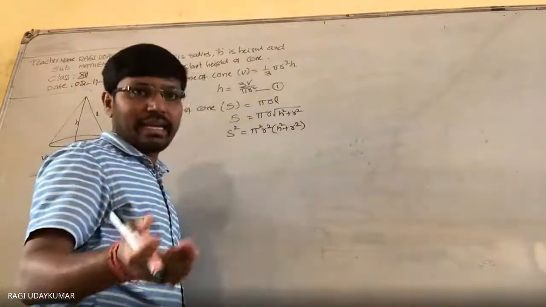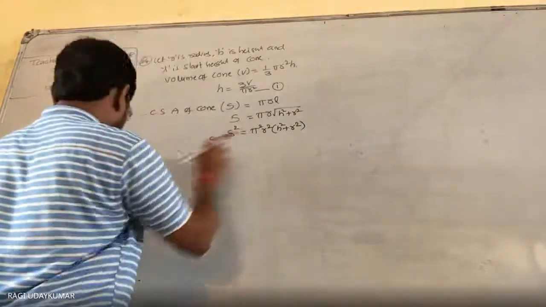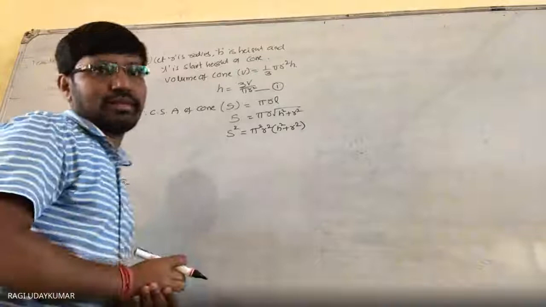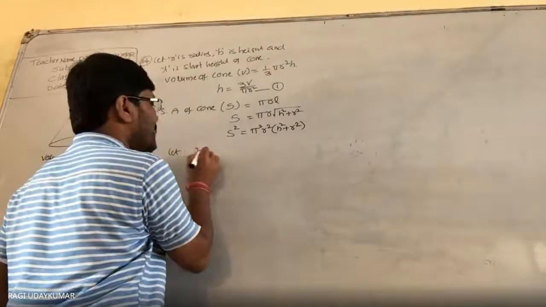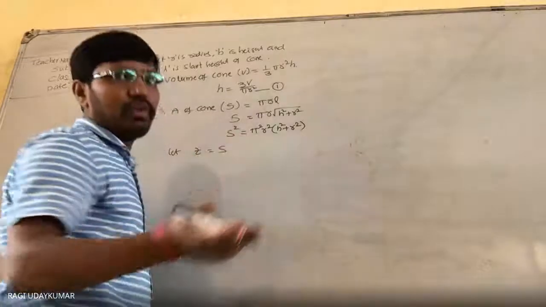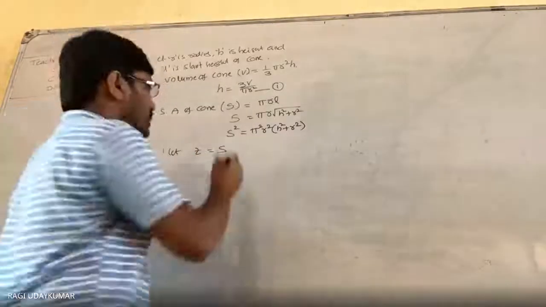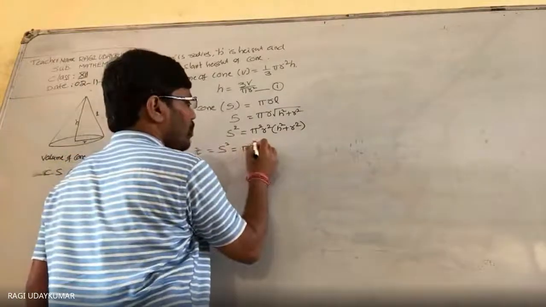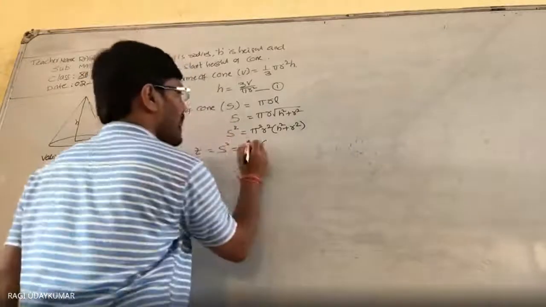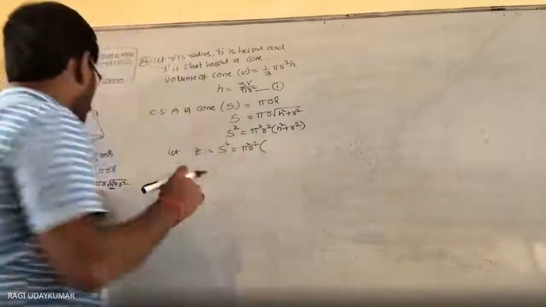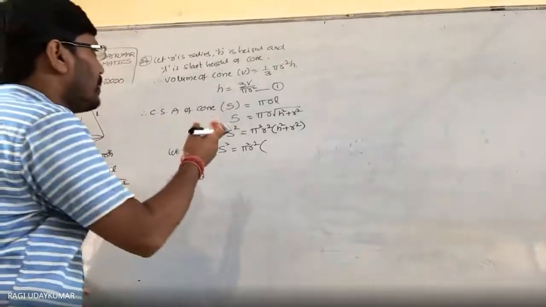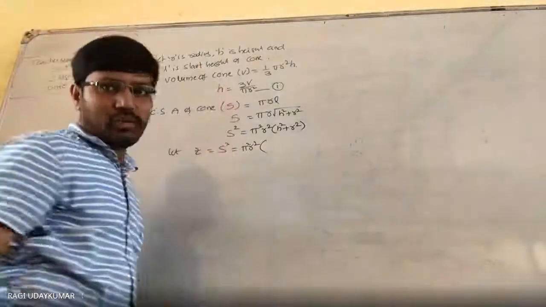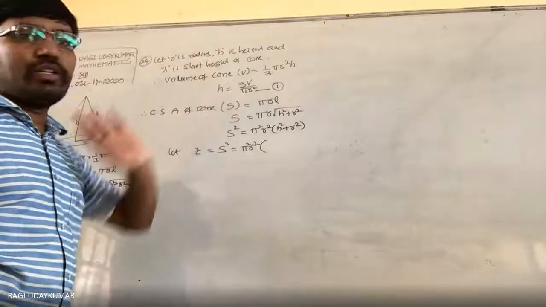I am removing the under root, because h should be replaced again in this one. So let z be some other variable: z is equal to S square. Substitute pi square r square h square, where h is equal to 3v by pi r square.